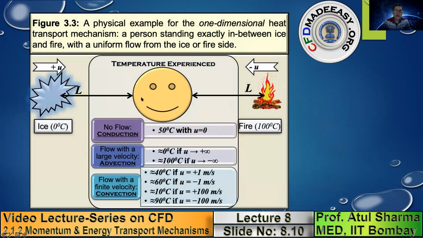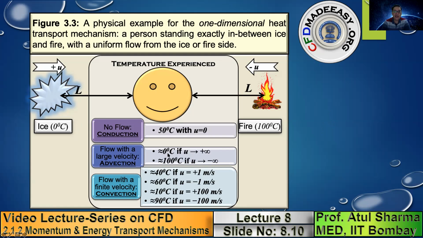So this slide shows the summary of what I had shown through the animation. If you have no flow, then the velocity is zero, the flow field is zero, and there is only the random motion of the molecule effect. The effect of the random motion of the molecule is such that you experience a temperature that is the mean of 0 and 100, which is 50 degrees centigrade. Whereas in advection, there is an extremely large flow velocity from the ice or fire side.